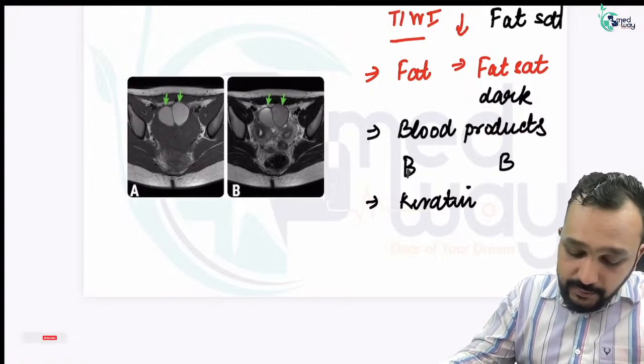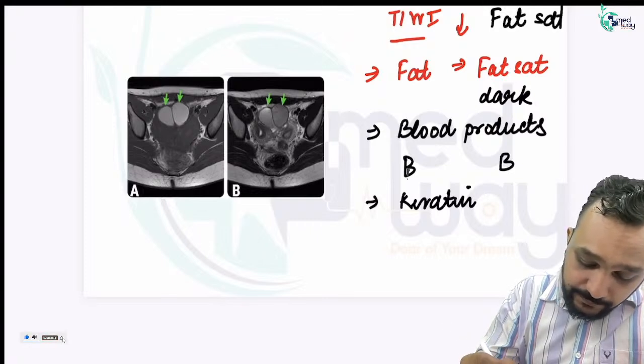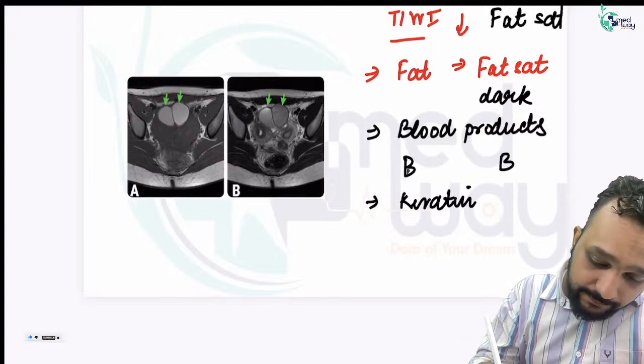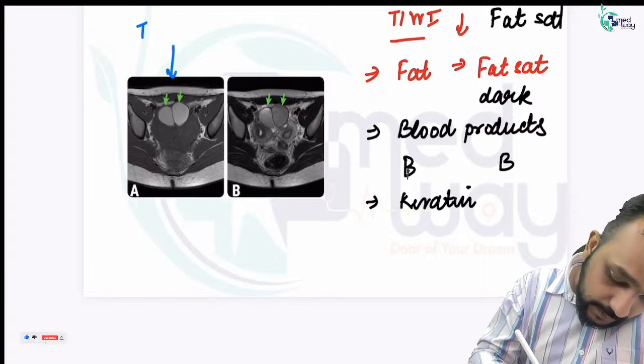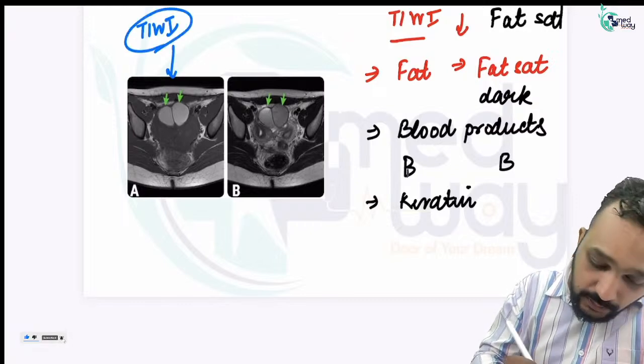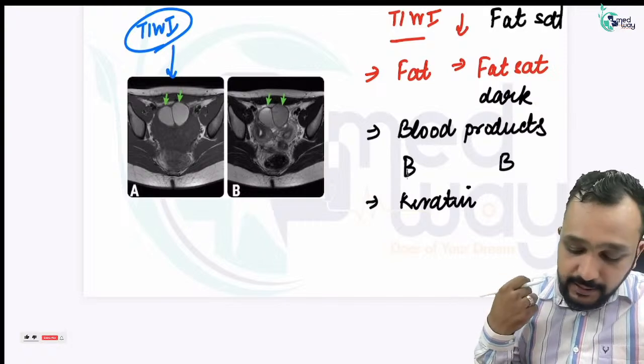Now, the structure is appearing bright on T1 weighted images. So it can be a fat containing lesion or a blood containing lesion.